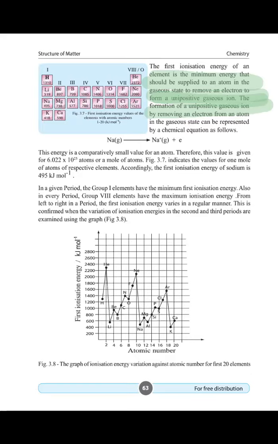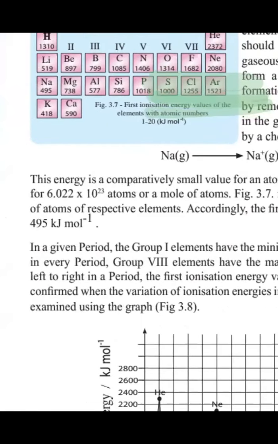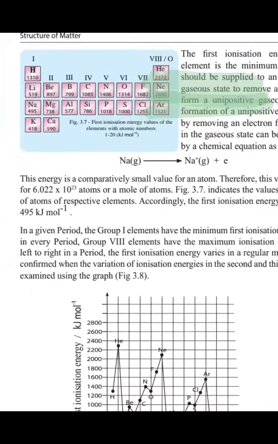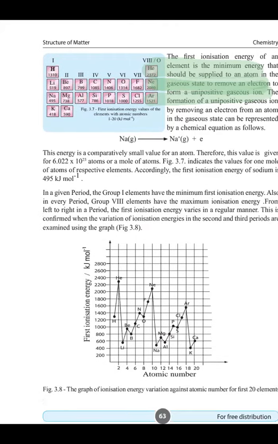Therefore, what we do is consider a large number of atoms, like 6.022 into 10 to the power 23 atoms. That is known as a mole of atoms, because one mole is equal to this number, which is known as the Avogadro number.